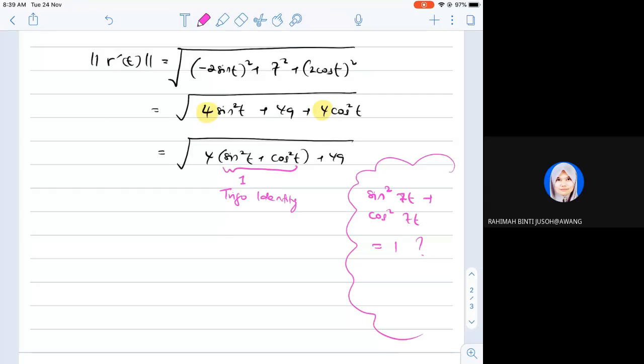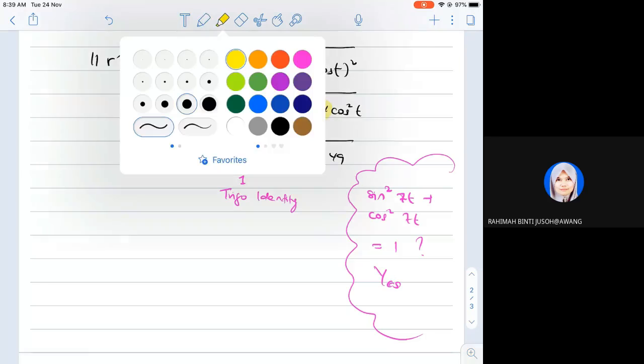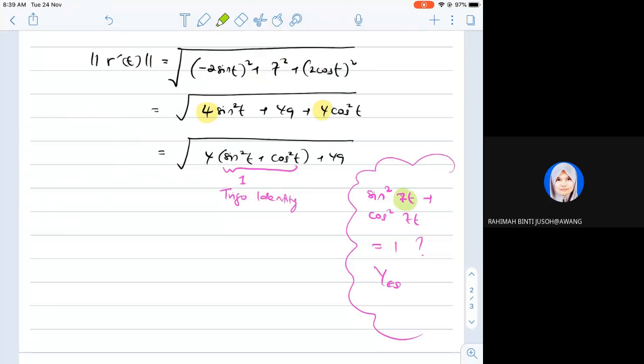Yes, the answer is yes, as long as the coefficients here and here are the same. Sine squared plus cos squared of anything must equal 1, as long as the coefficients for t are the same. But if the coefficients are different, no, we cannot get 1. Understand, guys? Yes, madam.